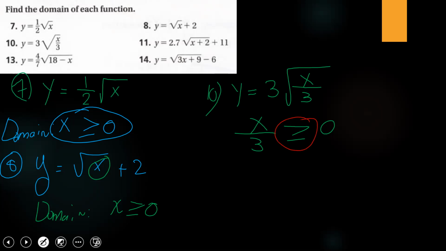Then after that, what do we have to do here? It is x over 3, so I have to multiply by 3, multiply by 3. So x will be greater than or equal to 0. So here the domain will be all the real numbers from 0 to infinity, or greater than or equal to 0.